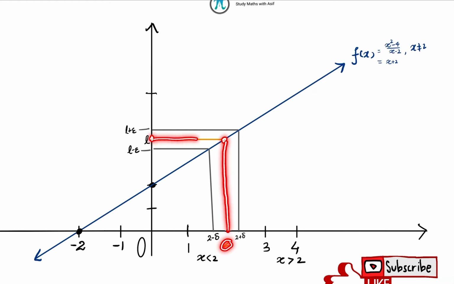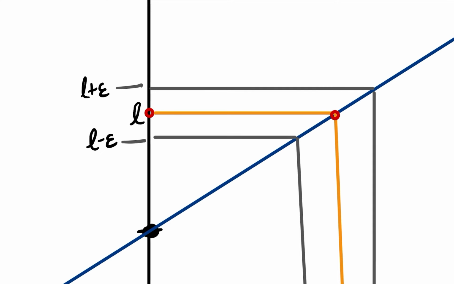But the points which are close to 2, when you approach from the points less than 2, or from the left, and when you approach 2 from the right, the points greater than 2, then the function approaches 4, approaches L here, right? Since I have considered here the limit 4, I am writing 4, not L.